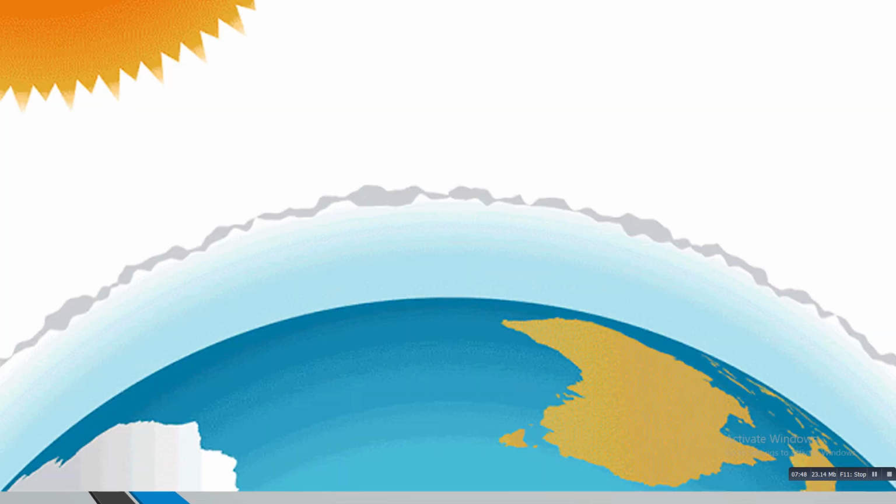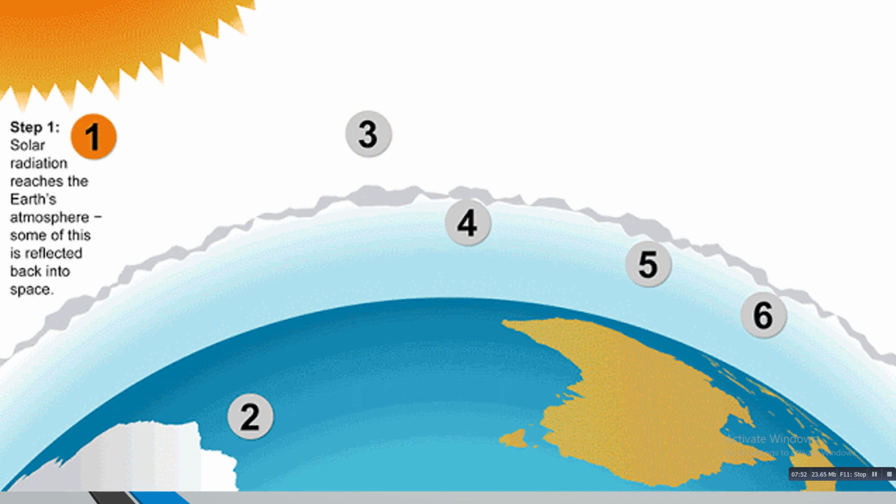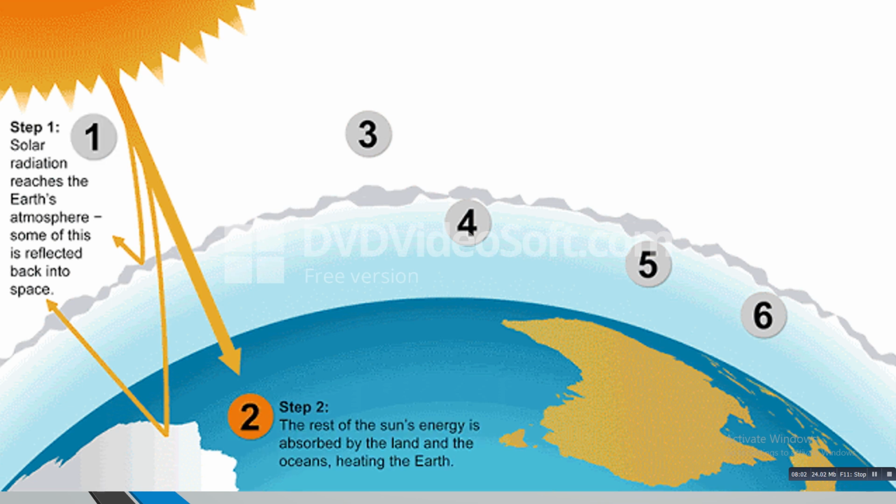Then, if you take a look, this is the greenhouse effect on Earth. First step, the solar radiation reaches the Earth's atmosphere. Some of this is reflected back into space. The second step is the rest of the sun's energy is absorbed by the land and the oceans, heating the Earth, which is definitely the heat that we require to live on the planet.